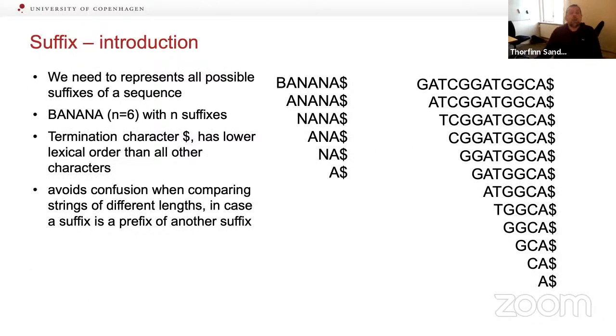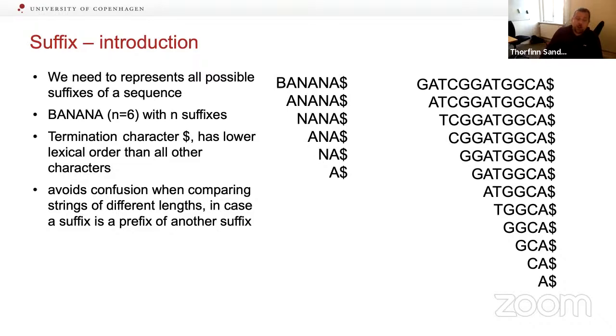I also talked a bit about the suffixes. If you look at the banana example, we can list all the different suffixes. It has a length of 6, so we have 6 different suffixes. We can start from the end. It's A, it's NA, it's ANA, it's NANA, and we can list all of them here. We put a termination character onto these, and the purpose of this is to avoid ambiguity.